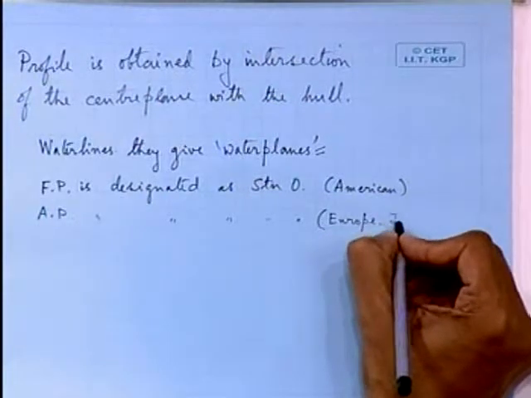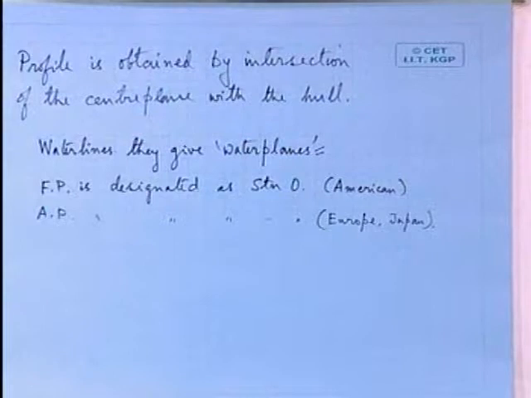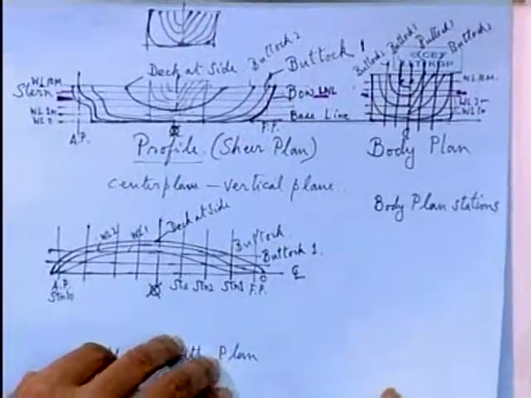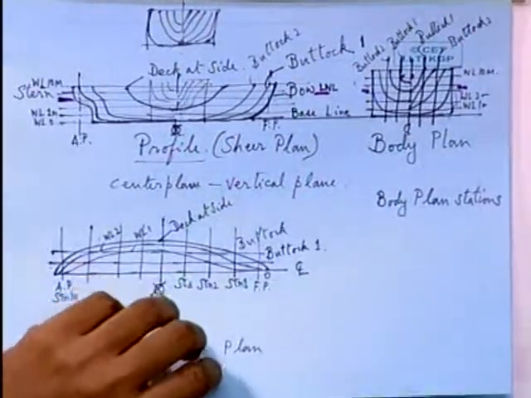Europe, Japan follow this practice. Of course, that brings us to the concept of what is called the length between perpendiculars, or the definition of AP and FP.